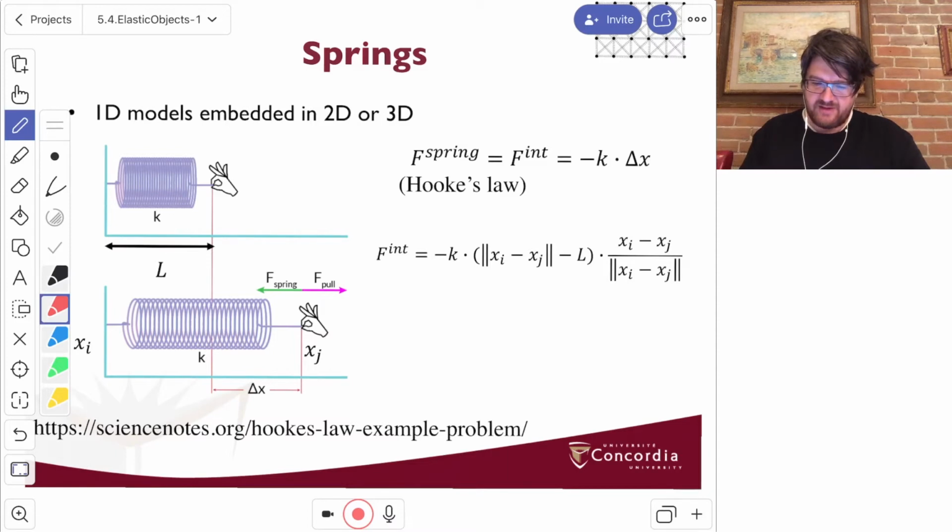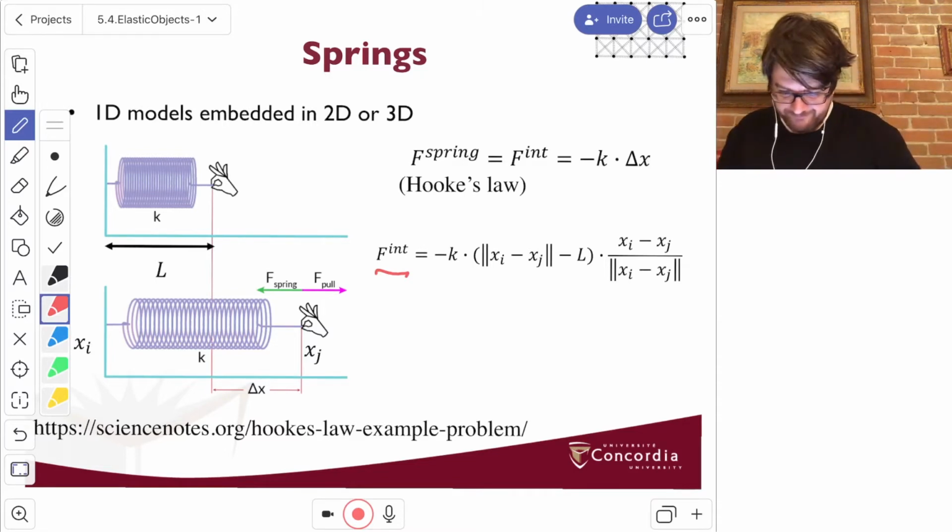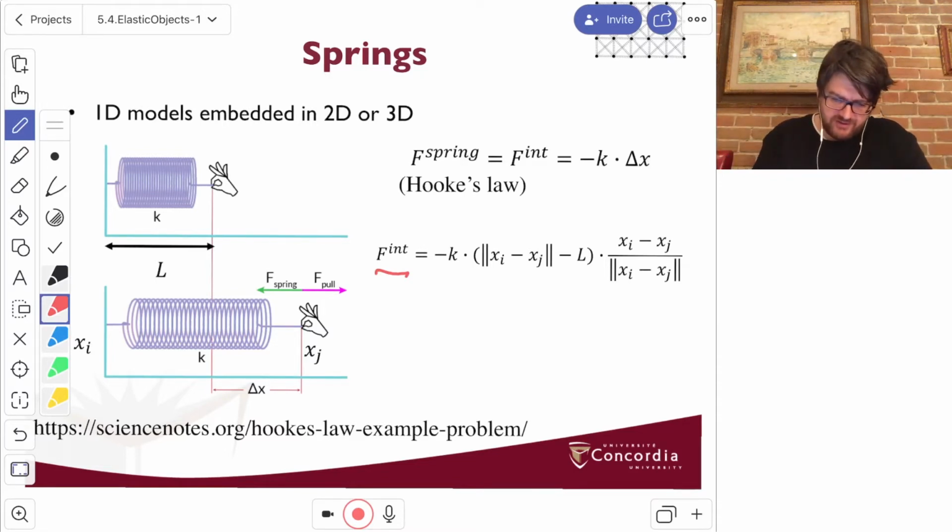If they live in 3D, we have to formalize, to express the internal forces as a function of the two endpoints of the spring. So if we assume that the ends of the spring are xi, xj, the internal force is minus k. This doesn't change, it's the stiffness of the spring.